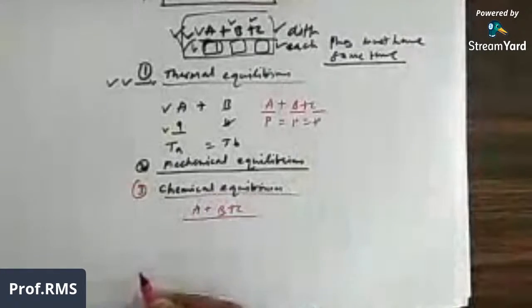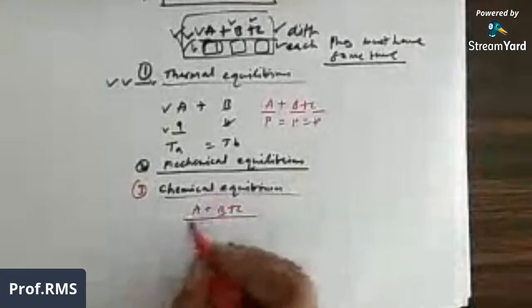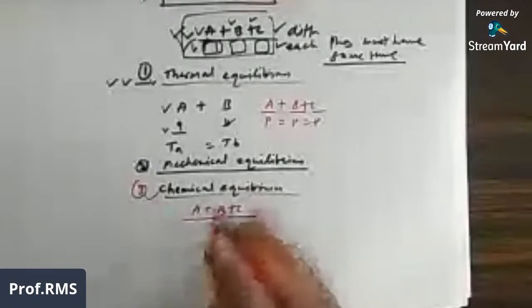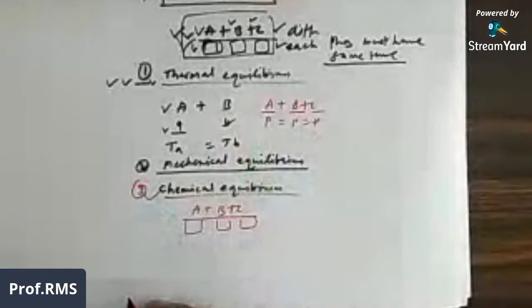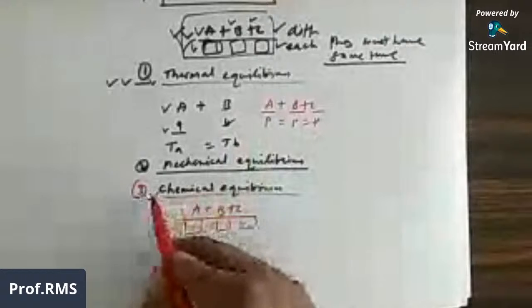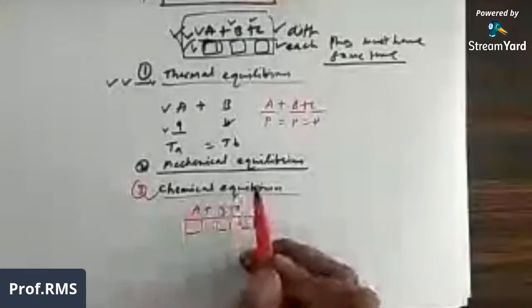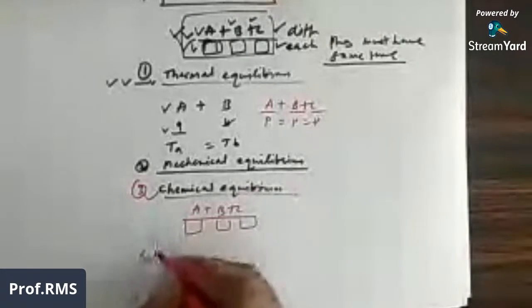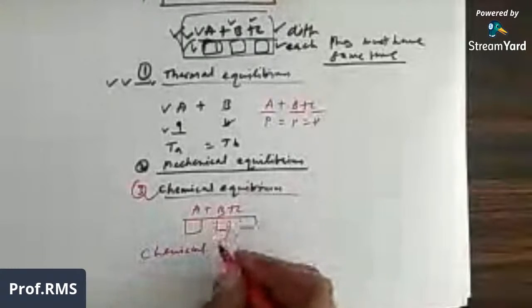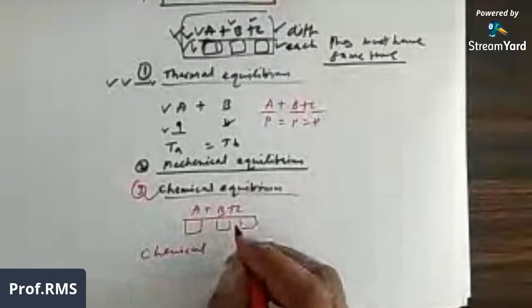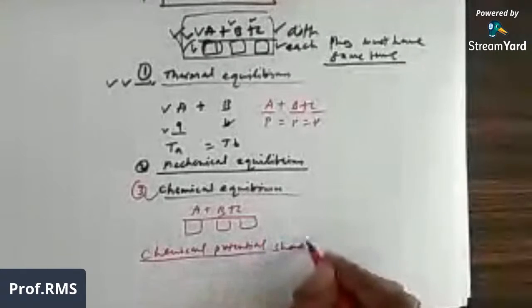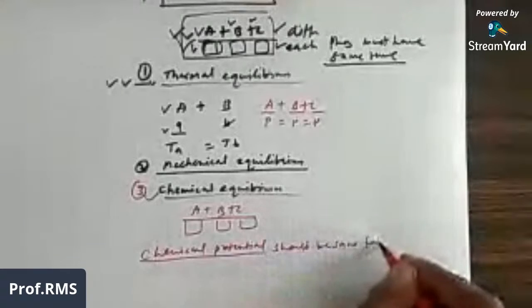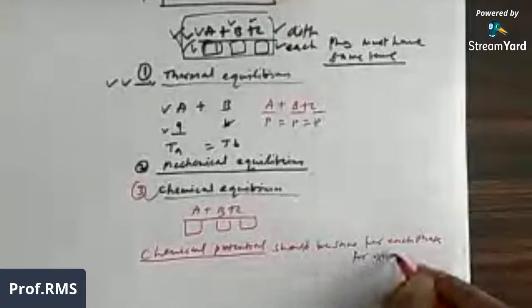What is the chemical equilibrium condition? The condition says that the chemical potential for each phase should be the same. What does chemical equilibrium say? The chemical potential should be the same for each phase for a given component.